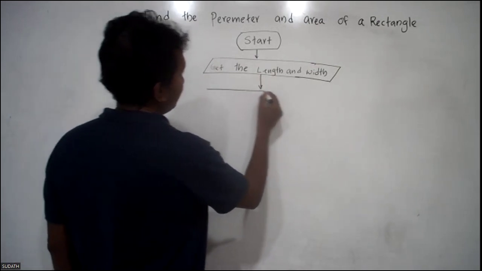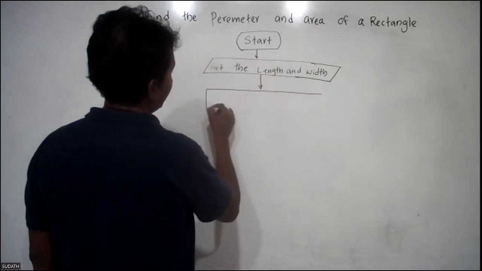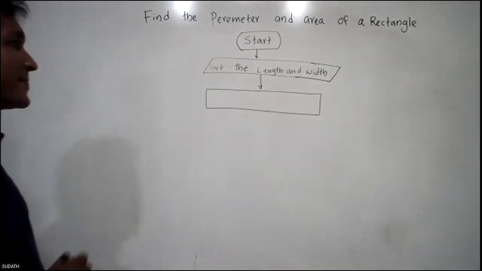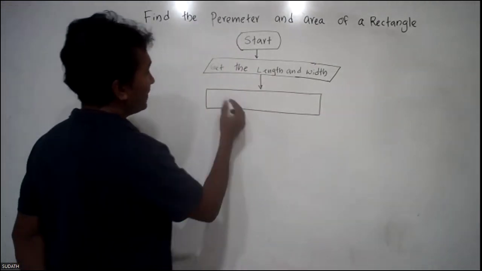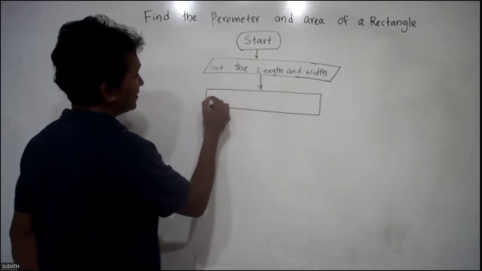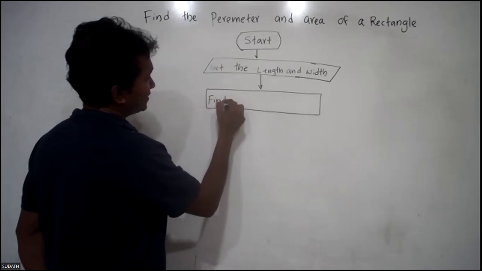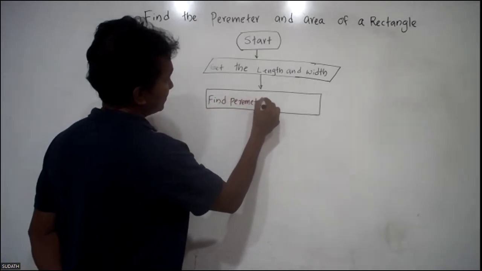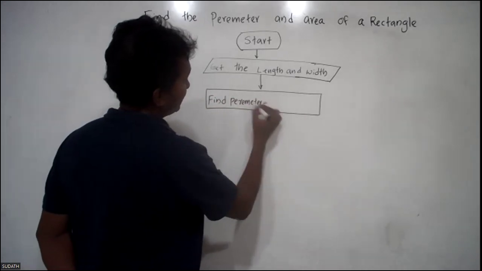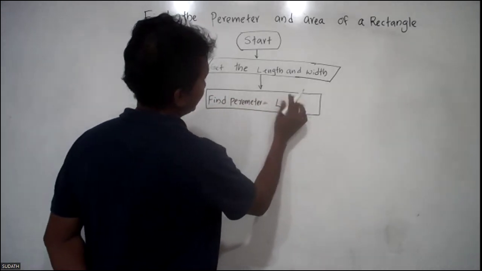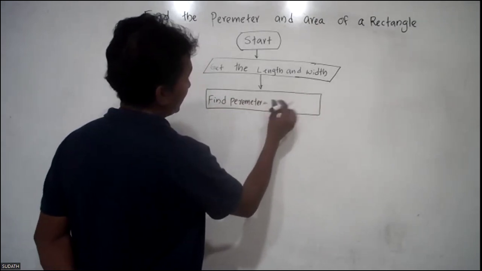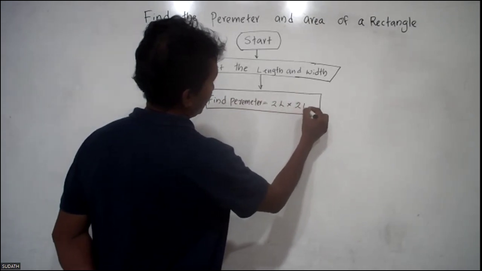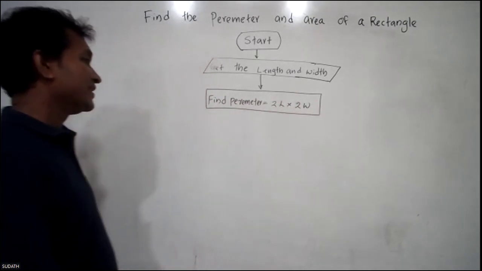Then we should find the perimeter. That is the process. So perimeter equals 2 times of length multiplied by 2 times of width, right?